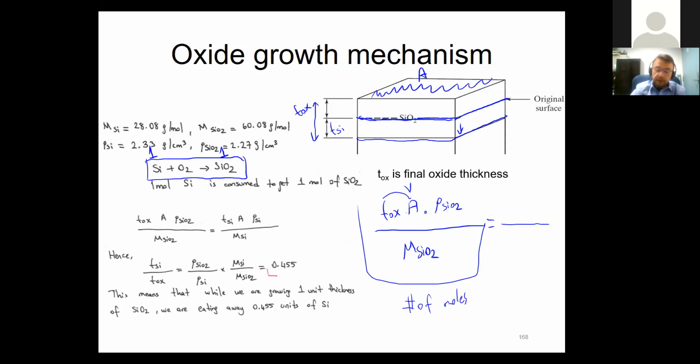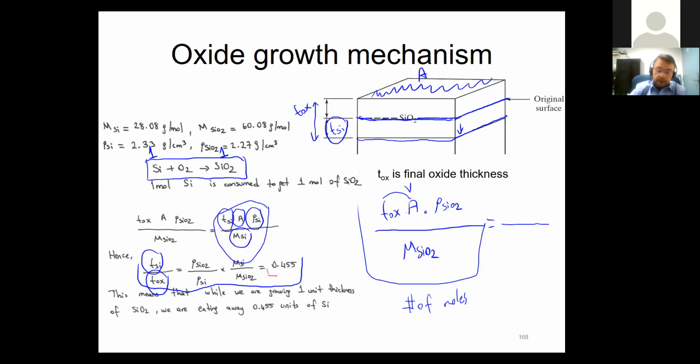that I have produced at the end of this reaction. I just need to equate that, like you can see here, I won't write it again, to the consumed silicon. Right now, the volume will be T silicon times A, times the density will give you the weight of the silicon that's been consumed, divided by the atomic weight of the silicon, and then you end up with the ratio here, the T silicon over T oxide, right?